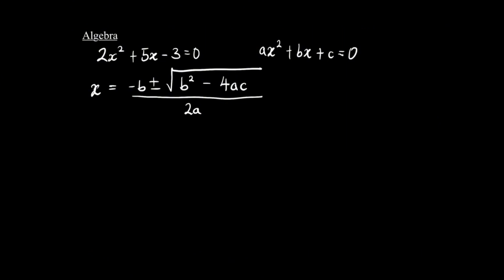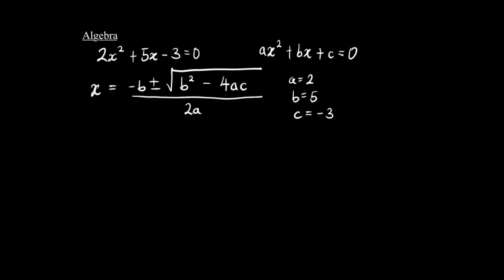Now we know our a here is 2, b is 5, c is negative 3. So we can impute the values of a, b, and c into the quadratic equation.